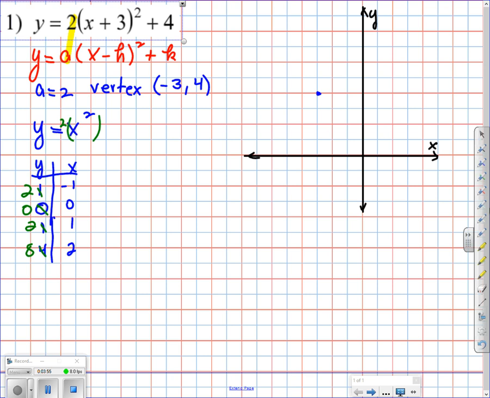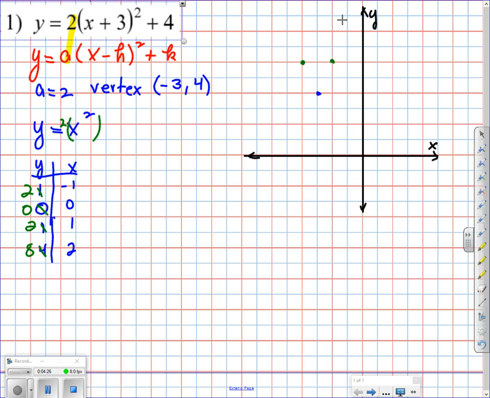Now, when you graph that, x is negative 1 and y is 2: 1, 2. Next value is 0, 0, and then 1, 2: 1 to the right, 2 up. And then 2, 8: 1, 2, 8 up, 1, 2, 3, 4, 5, 6.